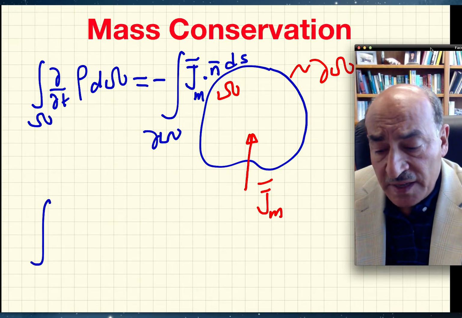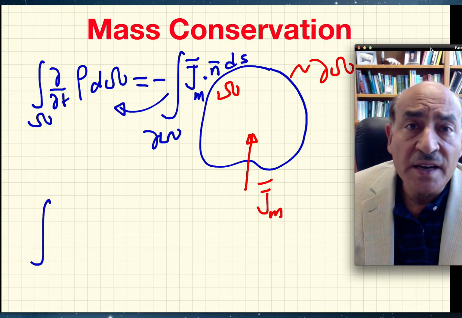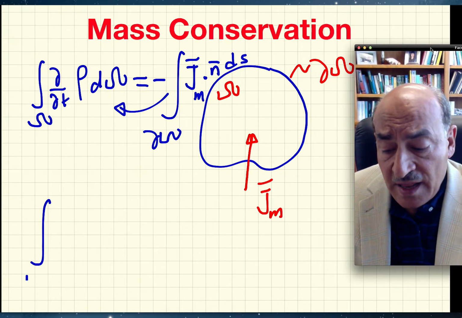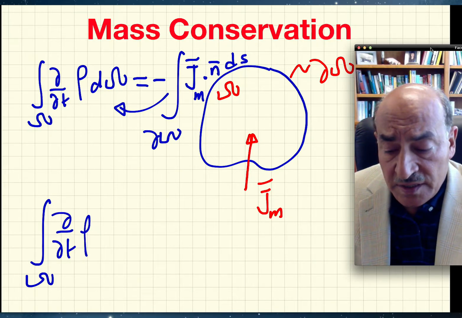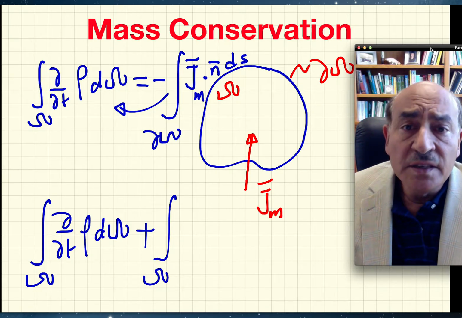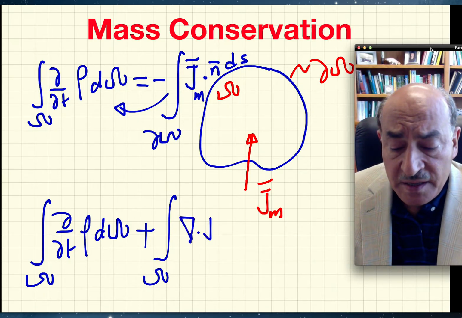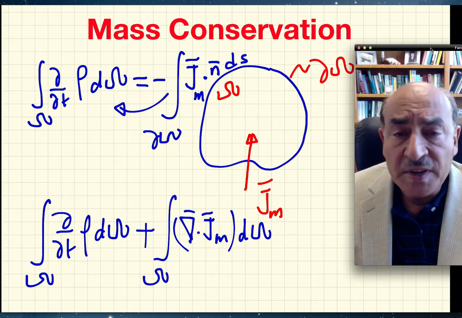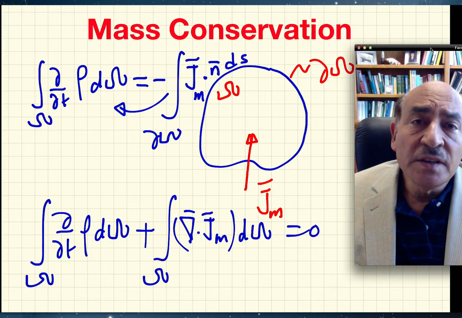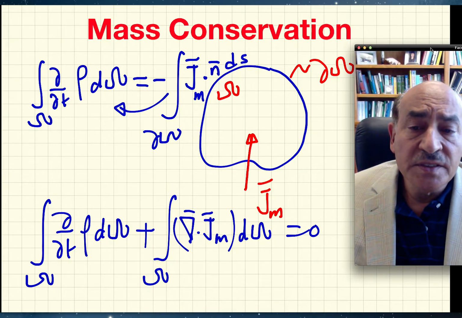If I collect this term and put it on the other side and convert it at the same time using Gauss's theorem, I have one volume integral of the mass, rho d omega, plus another volume integral of the divergence of J mass, Jm, and this is over omega, equal to 0. And that is now the statement of the mass conservation.